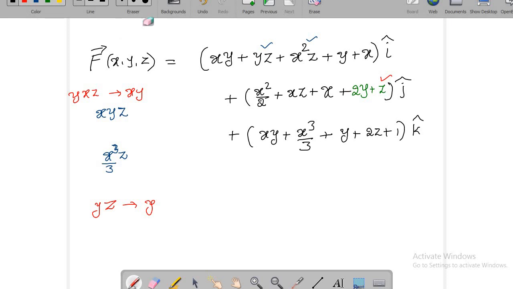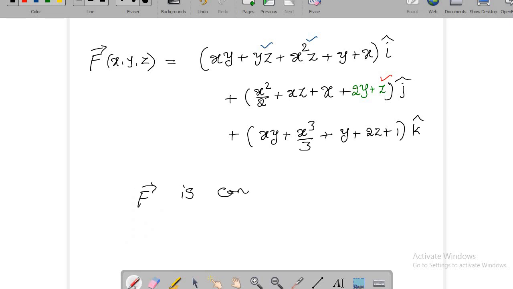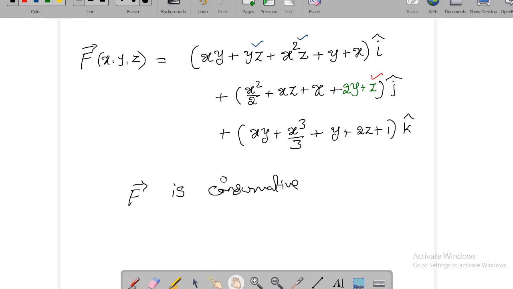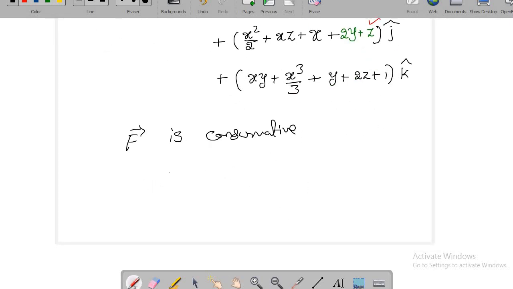So definitely this vector field is going to be conservative. F bar is conservative. If you ask me what is the scalar function, I'm sure that F bar will be given by the gradient of some scalar function. If you ask me what the scalar function is, I'm going to write it directly.